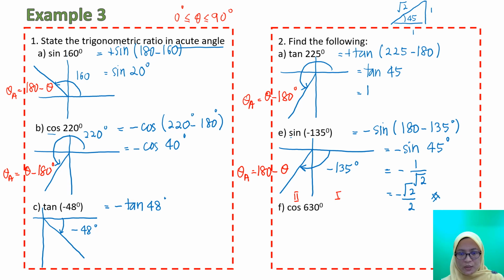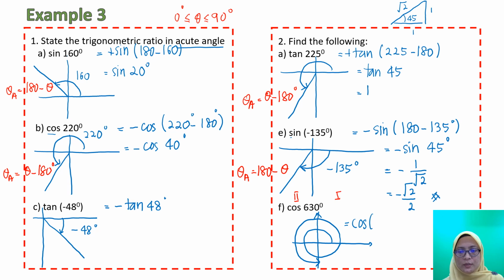Okay, so the last one cos 630. Okay, so tengok dia kuadran berapa. So daripada sini ke sini is 360. So tambah lagi sampai dapat 630. So dia akan sampai situ. Okay, so means that sini kita ada cos.